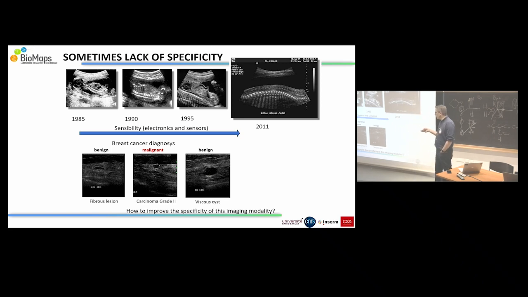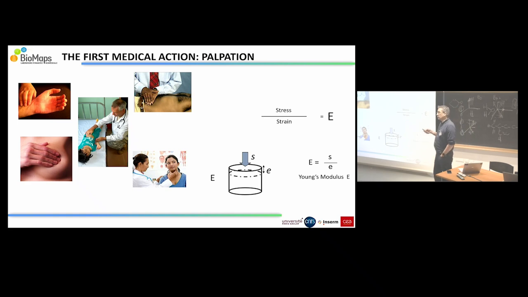So how can we improve the specificity in ultrasound? The first idea to try to improve it was to go back to the first medical action of the physician, the palpation.